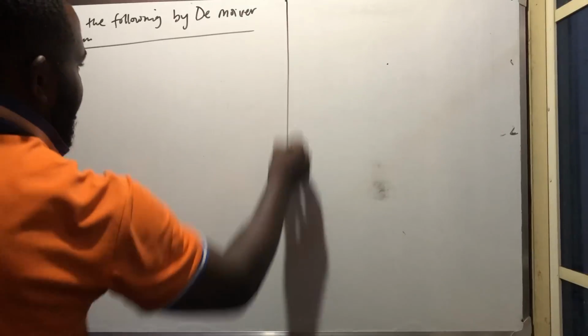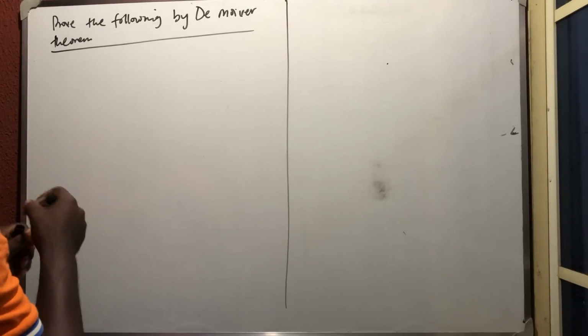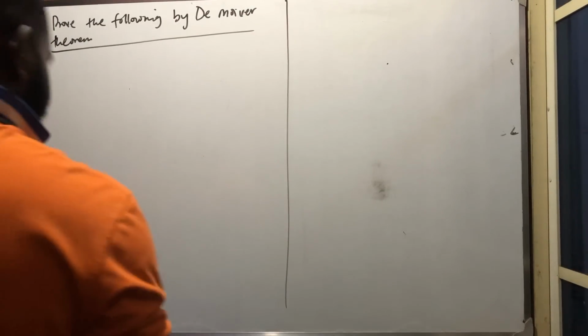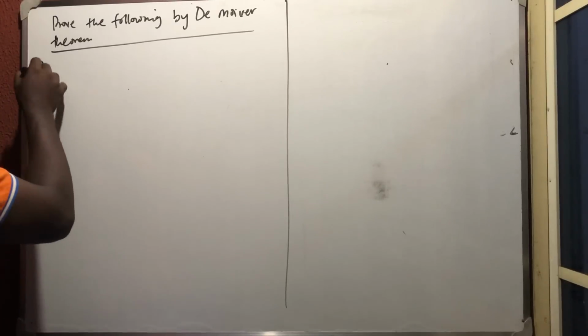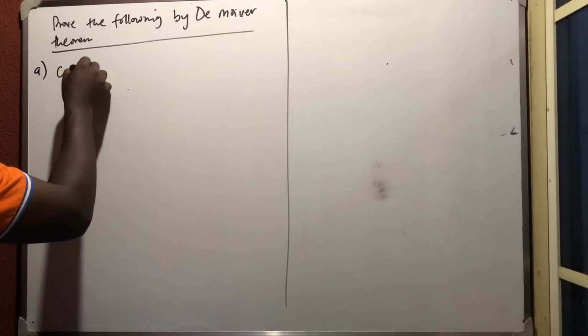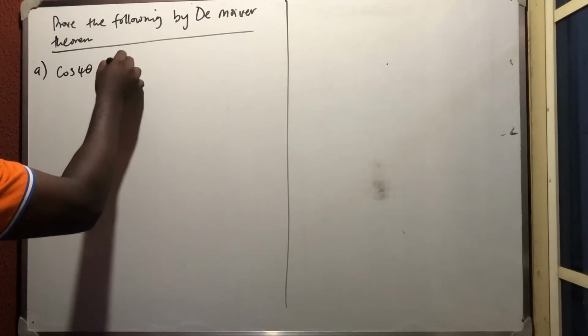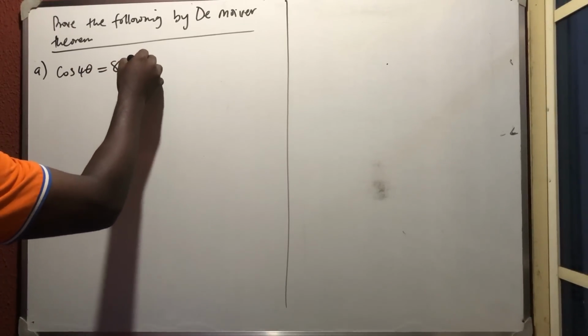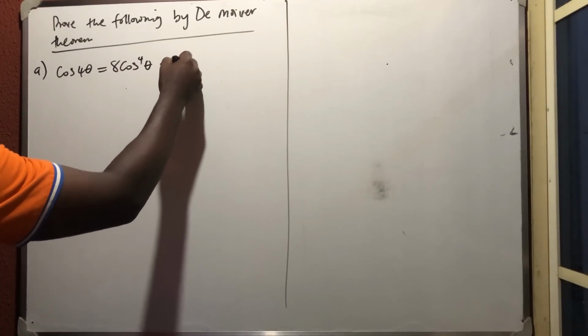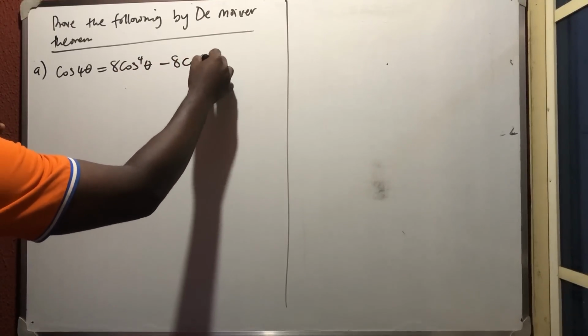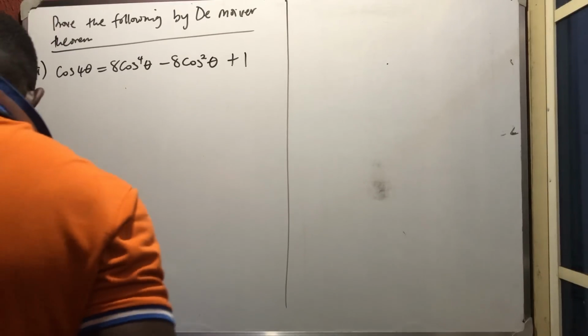Number A said that cos 4 theta is equal to 8 cos to the 4 theta minus 8 cos squared theta plus 1.